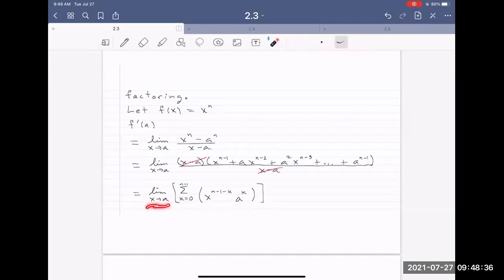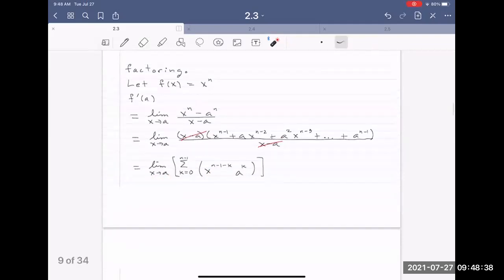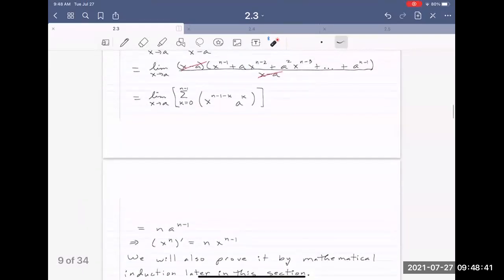As x approaches a, let's replace these x's by a. Well, the a to the k's cancel. So this approaches a to the k. So I just get a to the n minus 1.